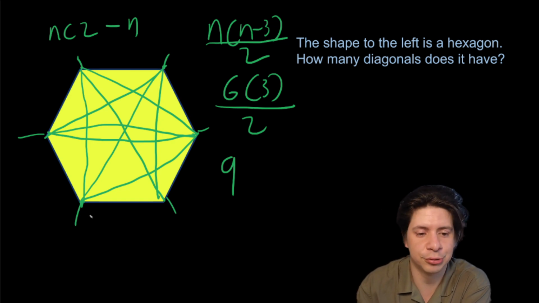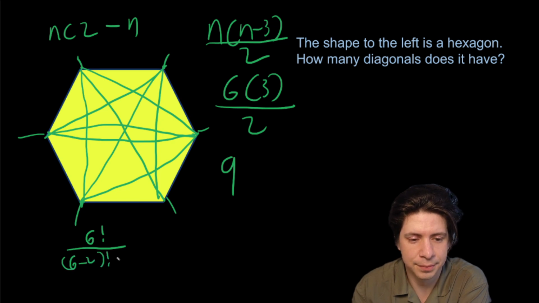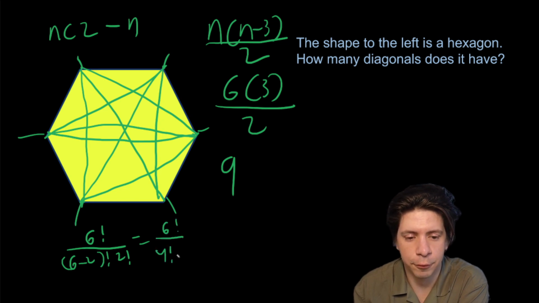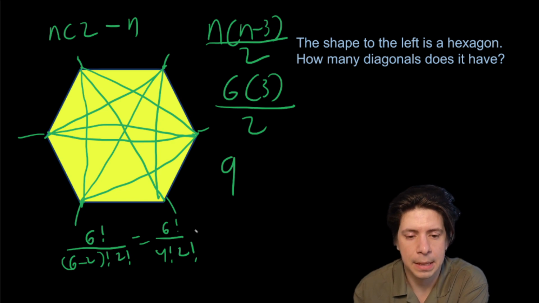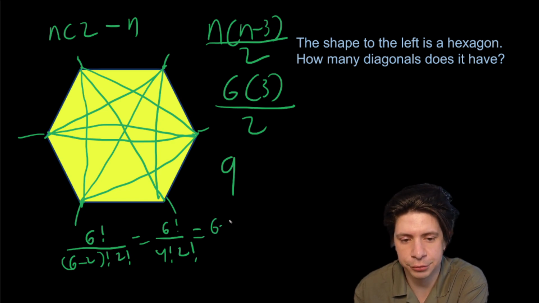So in this case, we would do 6 factorial over 6 minus 2 factorial, 2 factorial, which would get us 6 factorial over 4 factorial, 2 factorial, which equals 6 times 5 over 2 equals 15, and then we do minus 6. That also gets us 9.